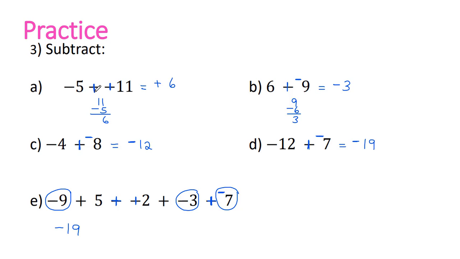I can also combine my positives with each other. 5 and 2 are positive, so I'm going to be adding positive 7. Now we can see the signs are different. We're going to keep the sign of the 19 and subtract 19 minus 7, which is 12. So our result here is going to be a negative 12.